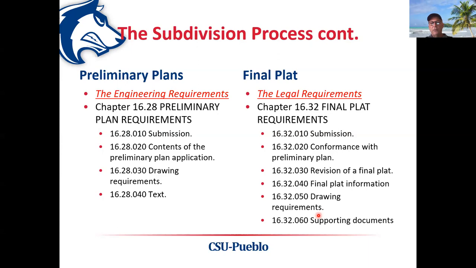This one would have to have all the authorized signatures of the owner, the developer, and particular county officials at that time. This is the only document that actually becomes public record.